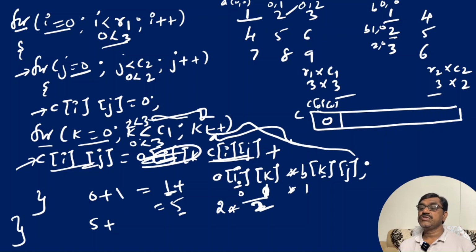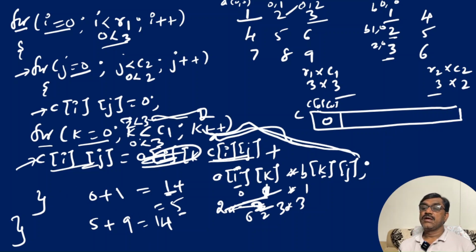A of 0, 2 means 3. 3 into B of k value 2, j value 0, B of 2, 0 means 3. 3 into 3. Now 5 plus 3 into 3, how much? 9. Total how much? 14. Okay. Again semicolon is there. Again we are moving back to k. K value becomes 3.